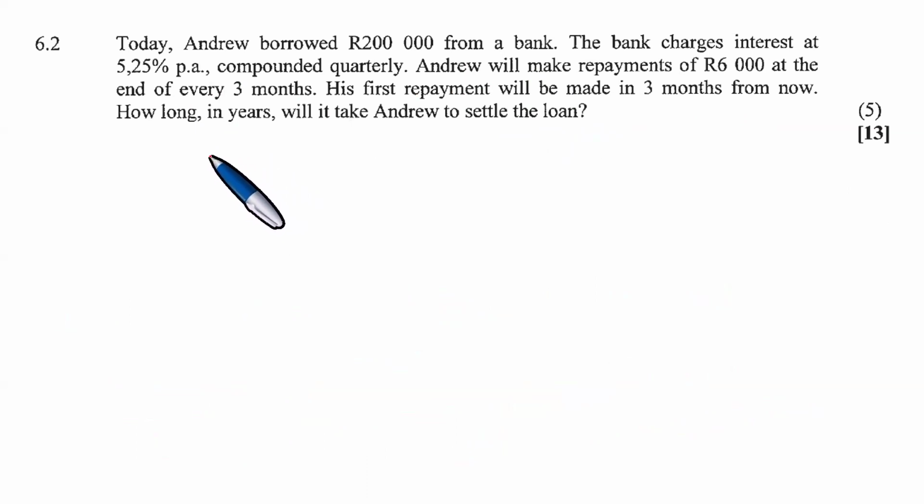We read again for the second time. Today, Andrew borrowed 200,000 rand from a bank. The bank charges interest at 5.25% per annum, compounded quarterly. Andrew will make repayments of 6,000 at the end of every 3 months. His first repayment will be made in 3 months from now.